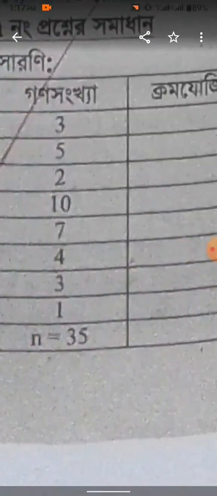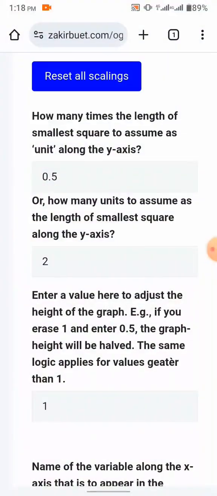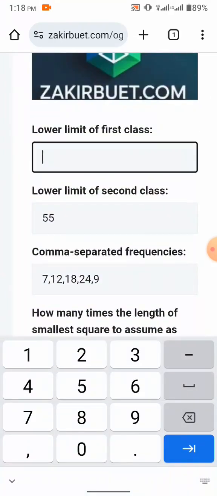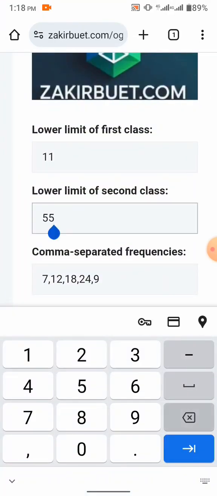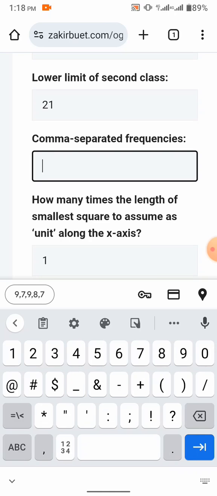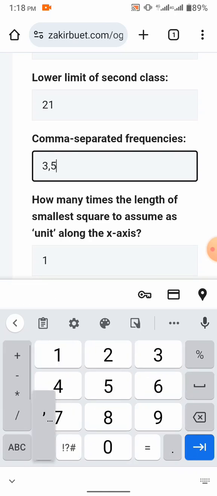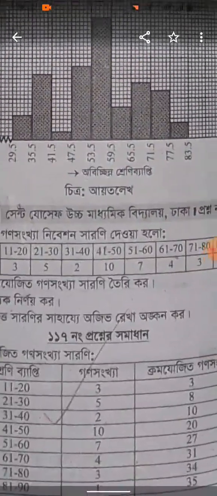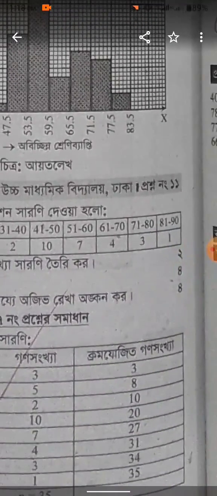Now let's proceed. The rest of the frequencies are 10, 7, 4, 3, 1.